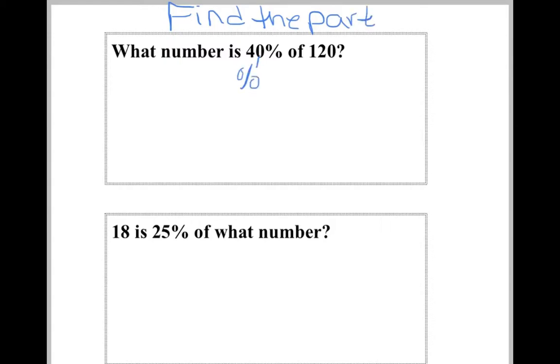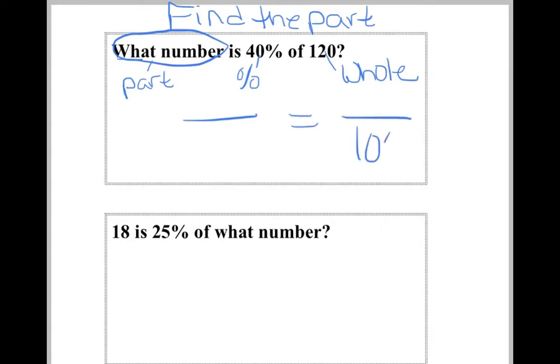After "of" is our whole. And we don't have the part, what number. That's what's missing. So let's write out our ratio and fill in what we know. We know our percent, that's 40 over 100. We do not know our part, so let's use a p for part. And our whole is 120.